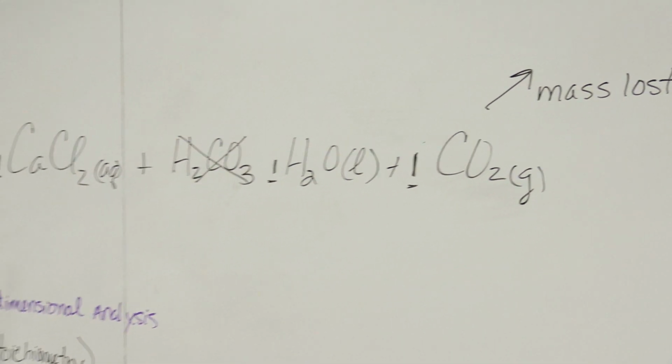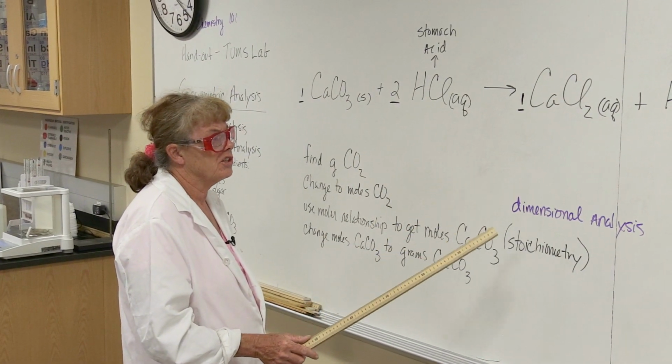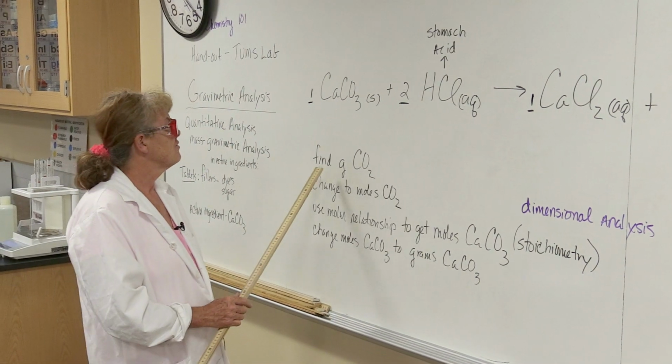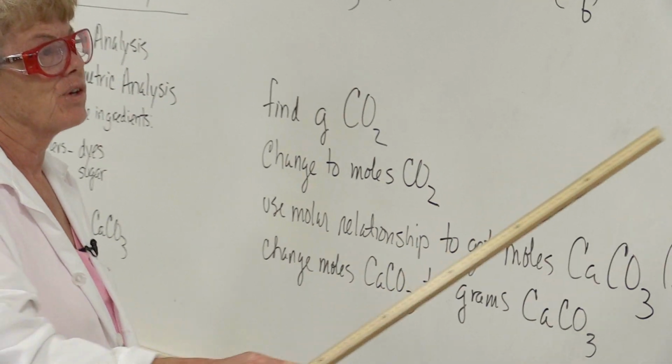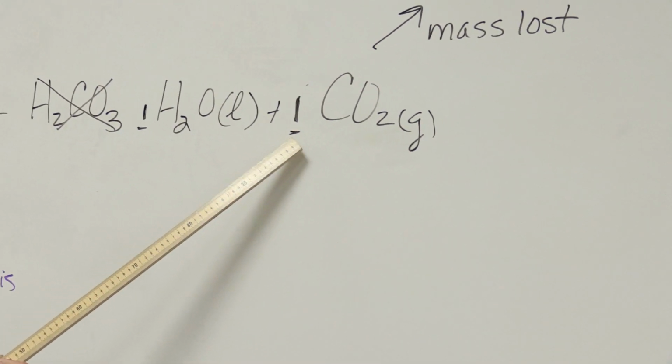So you're going to have to show your work, the dimensional analysis and the stoichiometry. You're going to find the grams of CO2, that's your mass loss. We're going to take that CO2 and change that to moles.